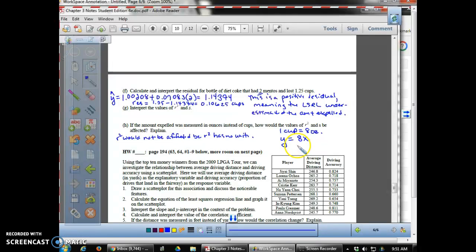So the standard deviation of the residuals is just going to be the absolute value of 8 times the standard deviation of our original variable. So this is going to be our original standard deviation, which we had on the other page. So S would be multiplied by 8. So 8 times 0.06724442.